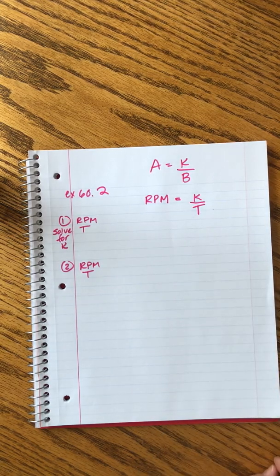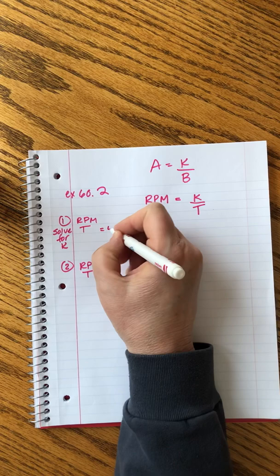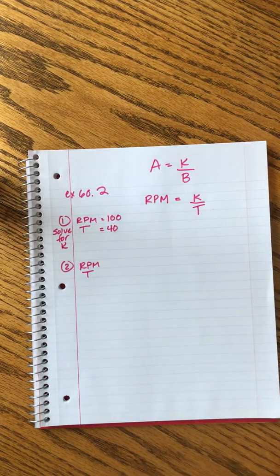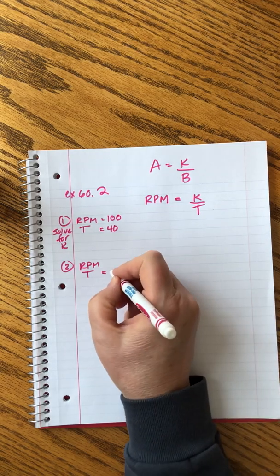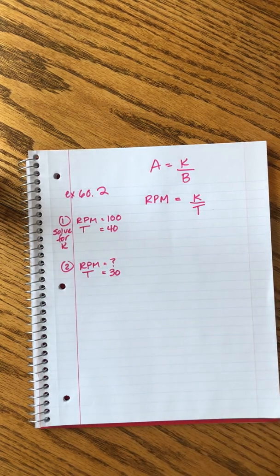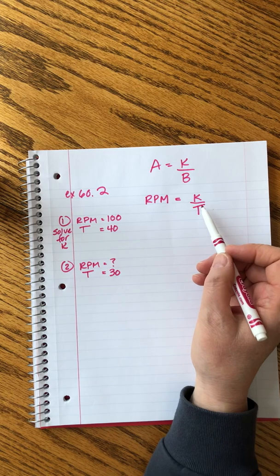Okay, here come the rest of the numbers. If 40 teeth resulted in 100 RPM, okay, so 40 teeth is 100 RPM. What would be the RPM if the gear had 30 teeth? All right, the numbers are simple. Our formula is right there.